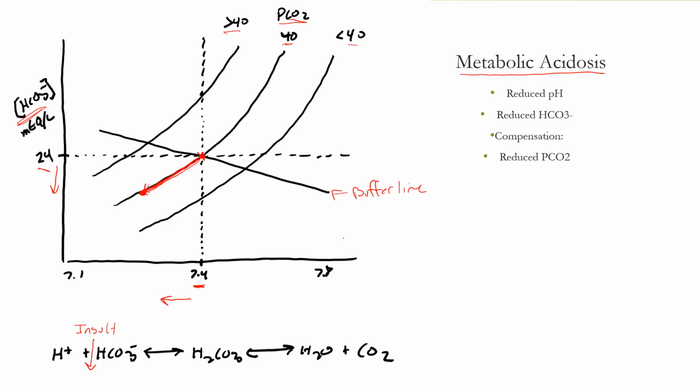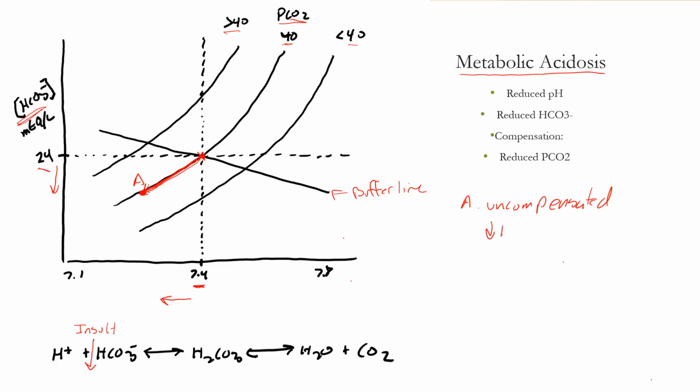So I want to bring my pH back to 7.4. In order to do that, I have to have some sort of compensation occurring here. First, let me label this dot right here as A. A represents uncompensated acidosis.